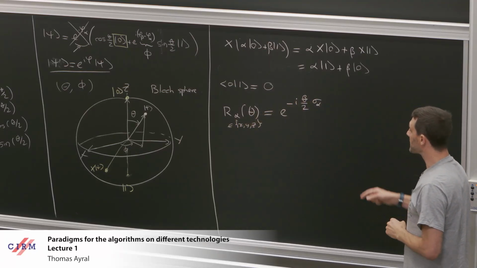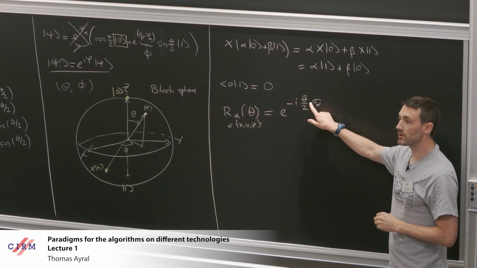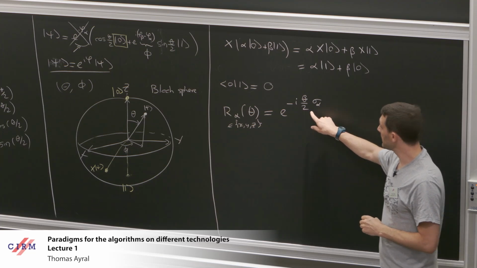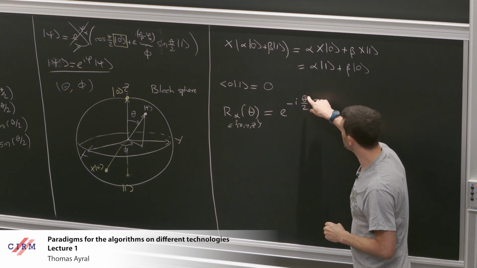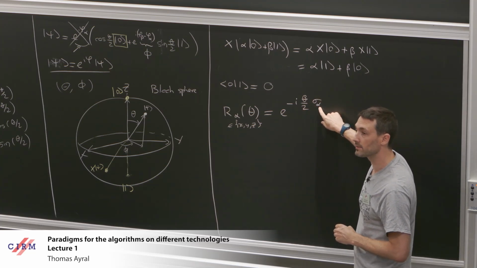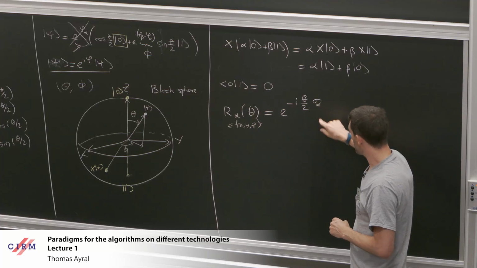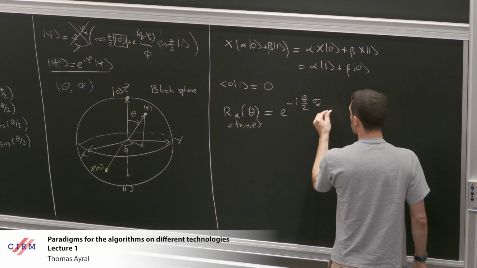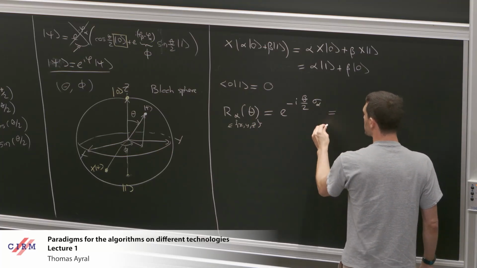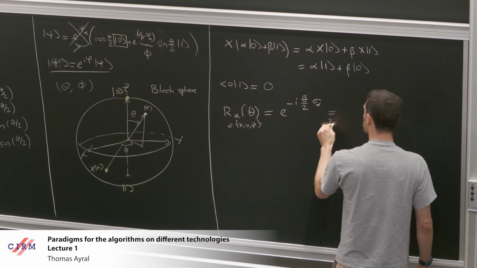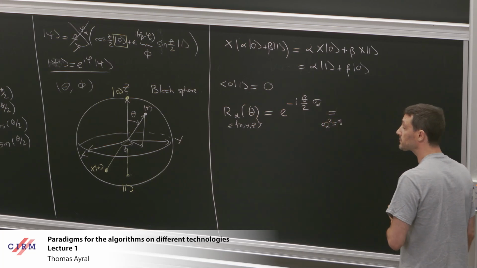My claim here is that this exponential of a matrix actually does a rotation by angle theta around axis alpha. This is very easy to show by using the fact that sigma alpha squared is identity.